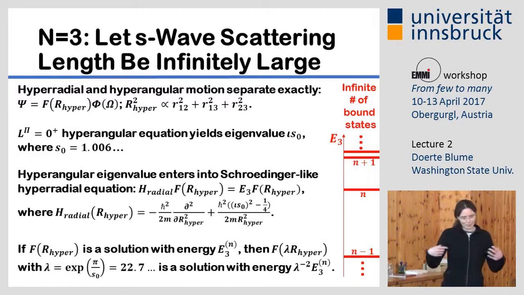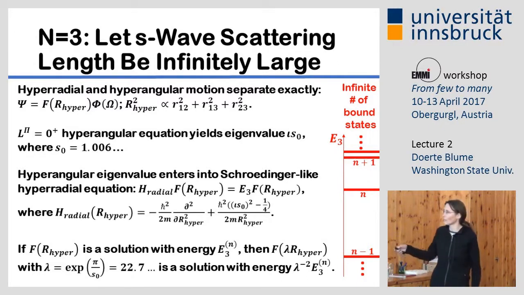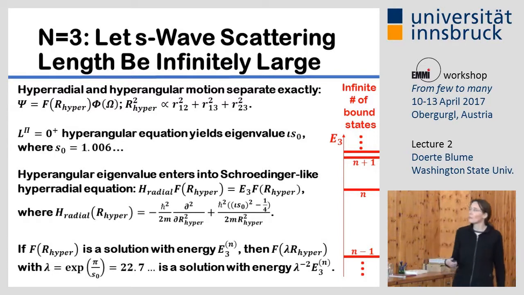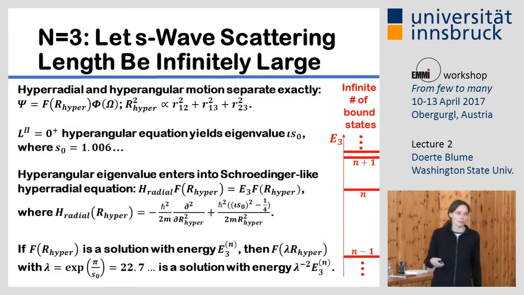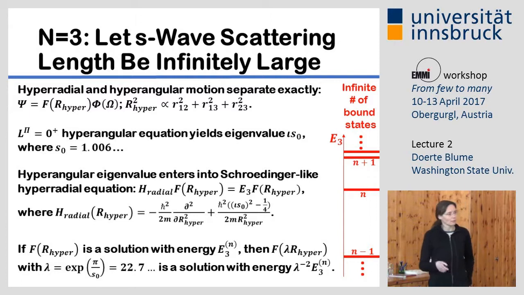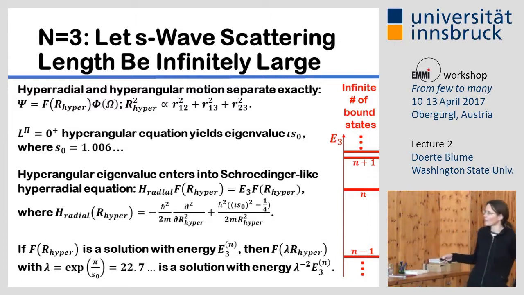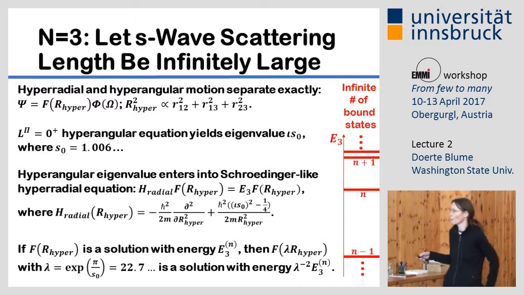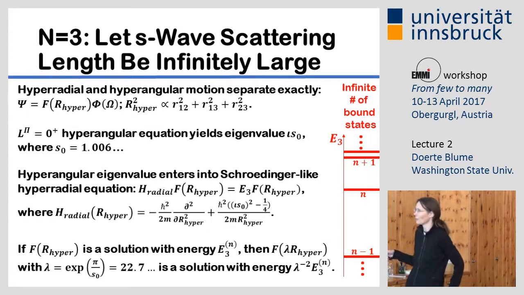And this means that if we solve the equation, we actually get an infinite number of bound states in this 1 over R squared potential. I'm not going to show explicitly how to derive this, but it's a very unique type of system. We have a 1 over R squared dependence, and this gives rise to an infinite number of solutions.